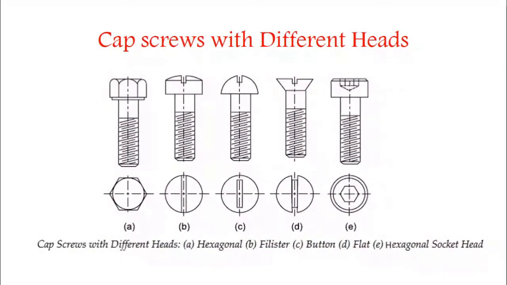Already you may know it, it is called the Allen key. The important advantage of cap screws with socket head is that the maximum tightening torque is limited by the socket. Therefore, the head cannot be twisted off during tightening.